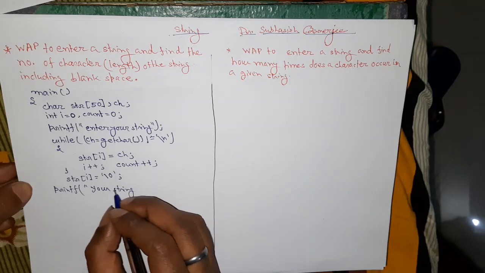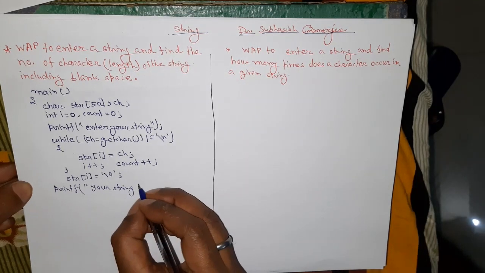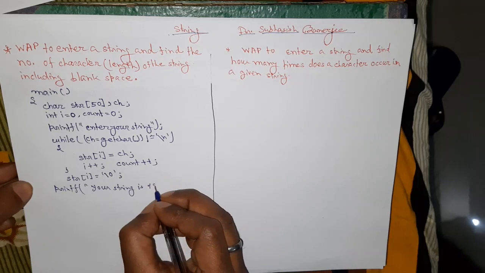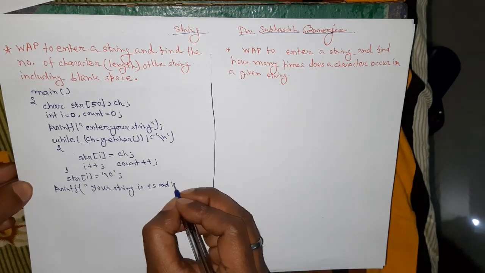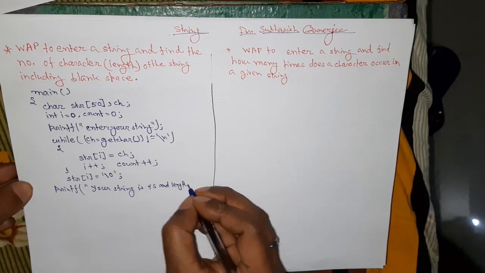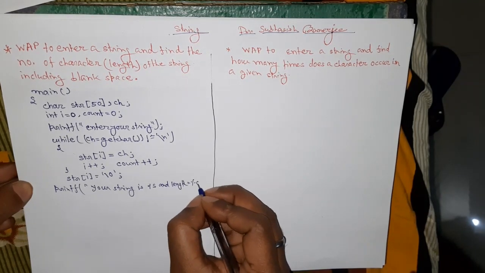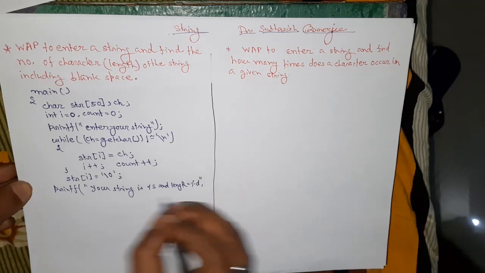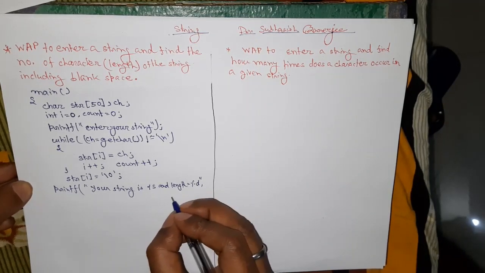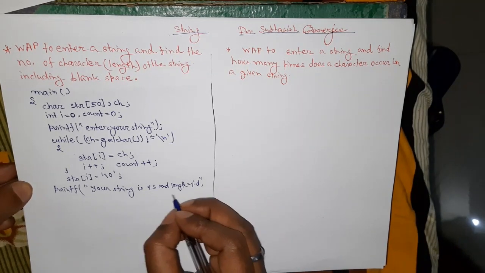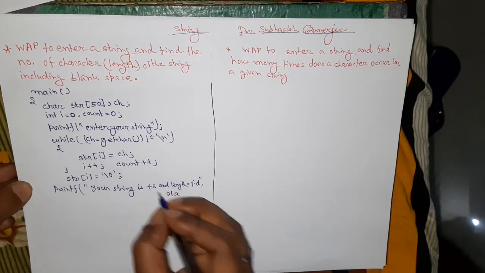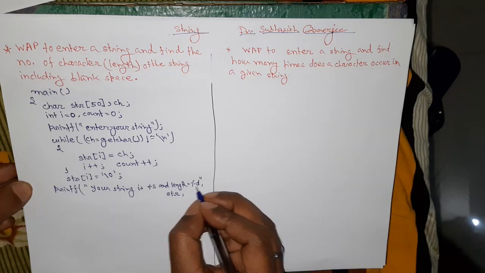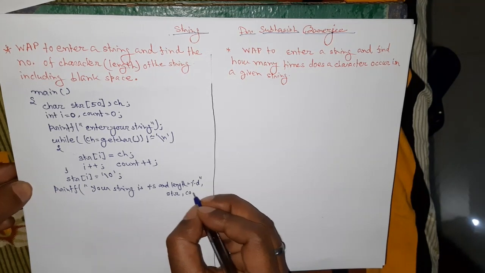So here I may display the message like "your string is %s and length equals %d". Here for the percent we'll have to specify, even though I don't have a space, str to display the entire string, and for the length, let's have it as count.